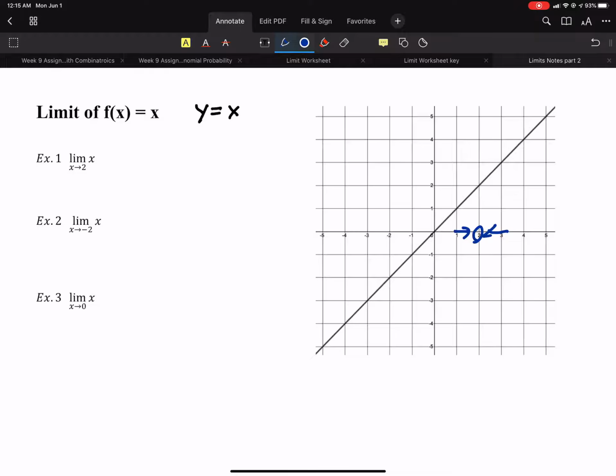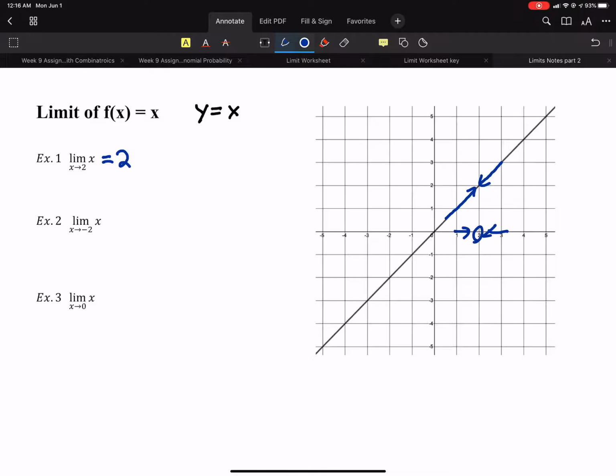As I approach from the left, clearly the function gets very, very close to 2. As I approach from the right, clearly the y value of the function gets really close to 2. So if I approach 2 on the x, the y is going to get close to 2. So this answer will be 2.